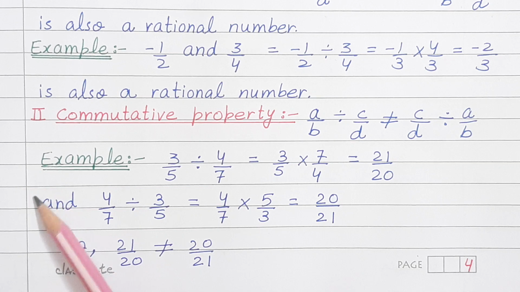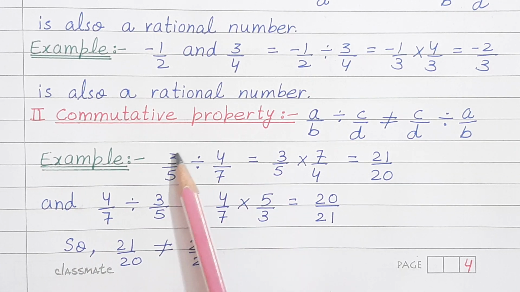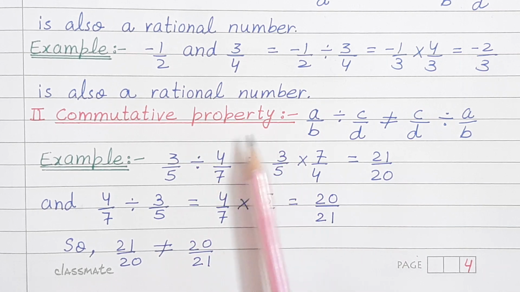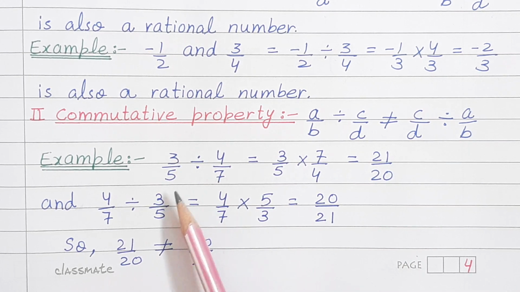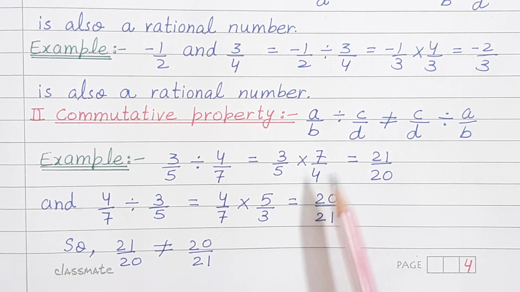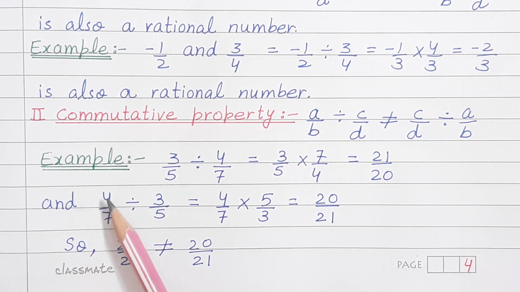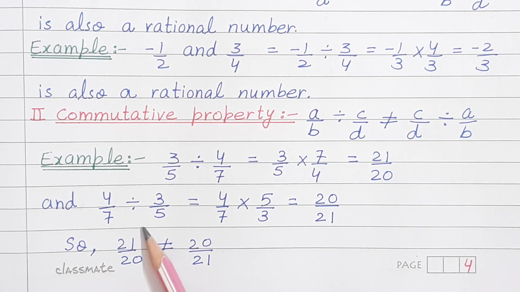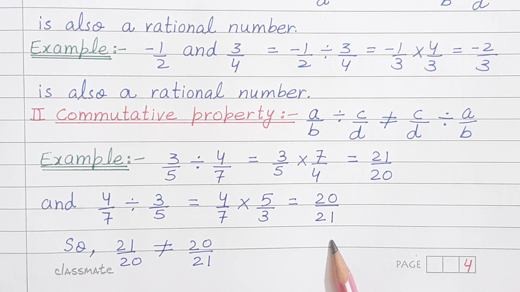Now let us discuss commutative property. Here, let us try to understand this with the help of an example. 3 upon 5 divided by 4 upon 5 is equal to 21 upon 20. Clear? And 4 upon 5 divided by 3 upon 5 is equal to 20 upon 21.